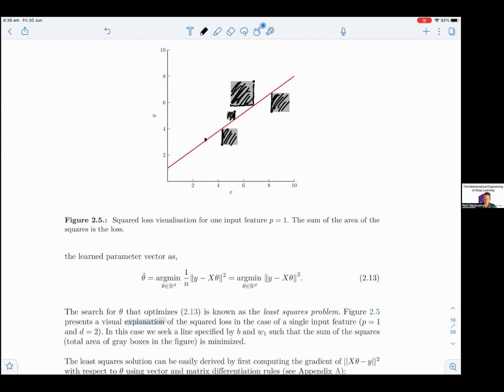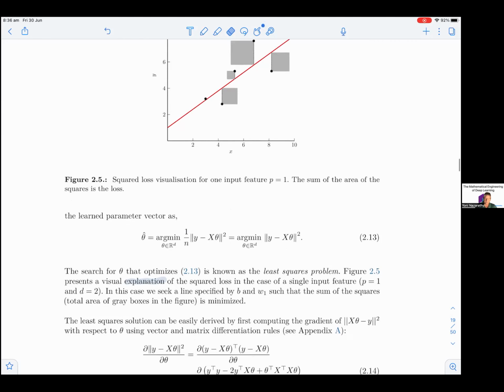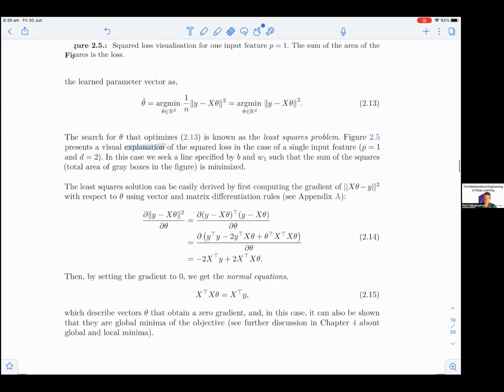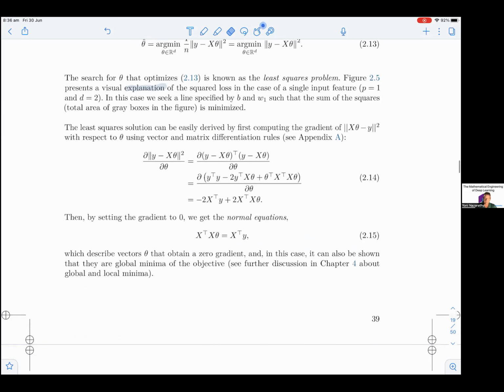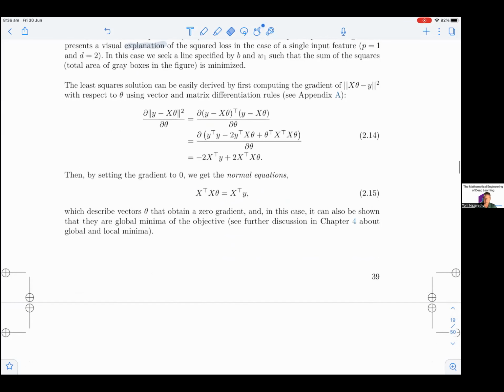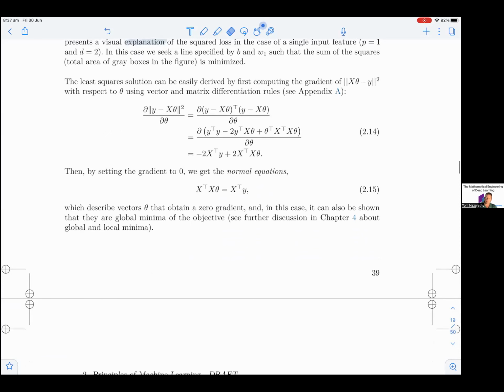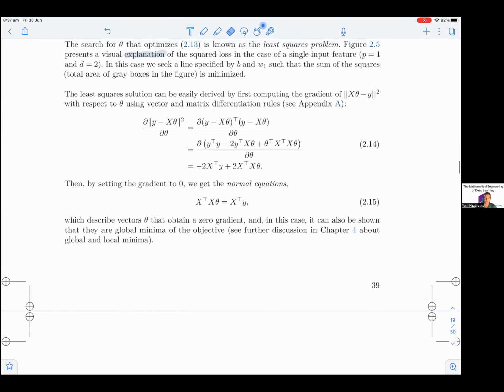The two elements of theta determine this red line. And as you move these points, the square loss changes, and we're looking for the point with minimal loss. In this case, we seek a line specified by b and w1 such that the sum of squares, the total area of the gray boxes in the figure, is minimized, as we said.